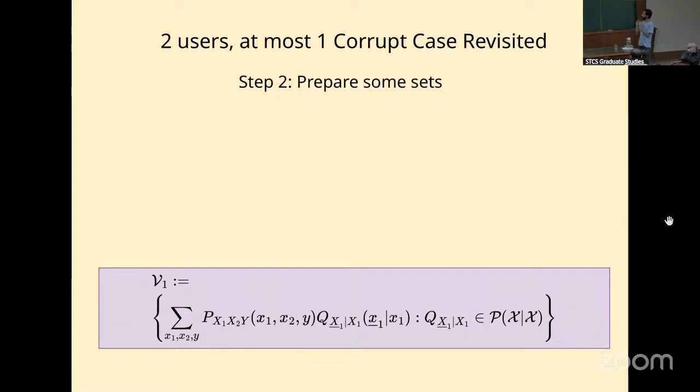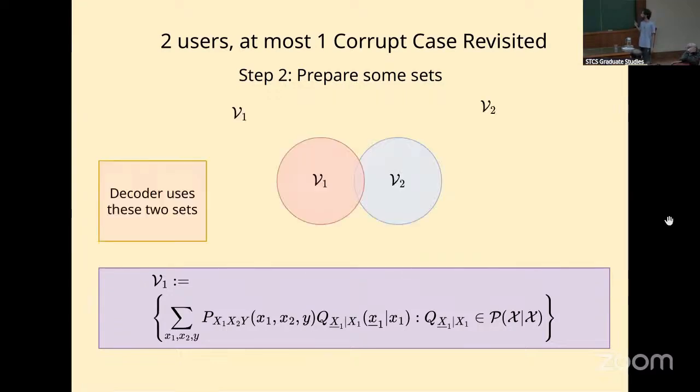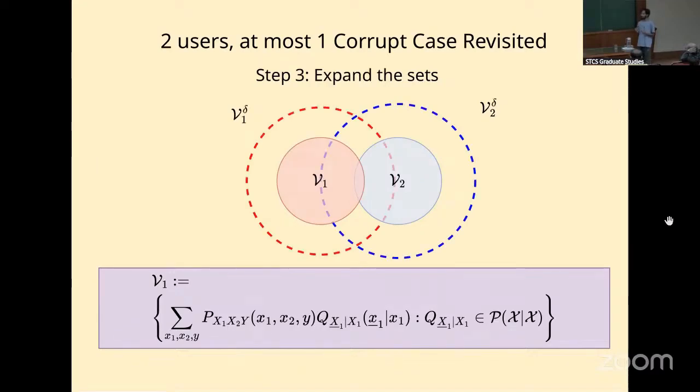This set is the set of all possible view distributions that can be generated when party 1 is corrupt and party 2 is not, because there's only one corruption. Similarly, you can generate the set for the second party being corrupt, which is script v2. In the third step, these sets are expanded in total variation, so you generate v1 delta and v2 delta.